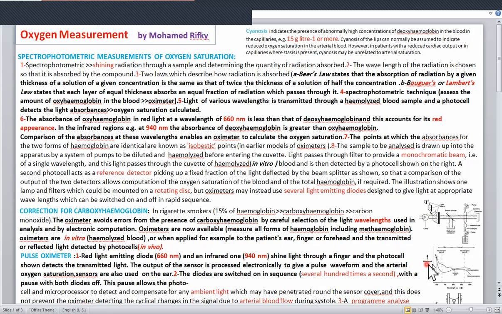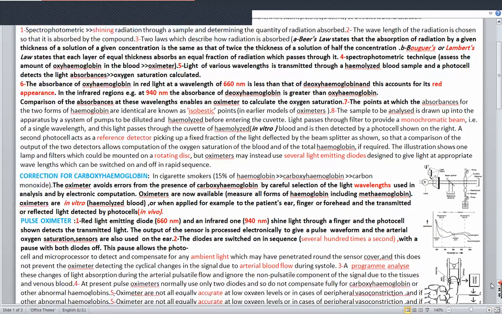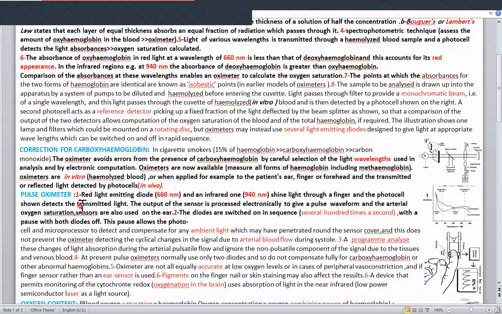The pulse oximeter: in this apparatus, we emit a red light emitting diode, which is in the range of 660 nanometer, and infrared rays, which is in the range of 940 nanometer. We shine light through the finger, you see.